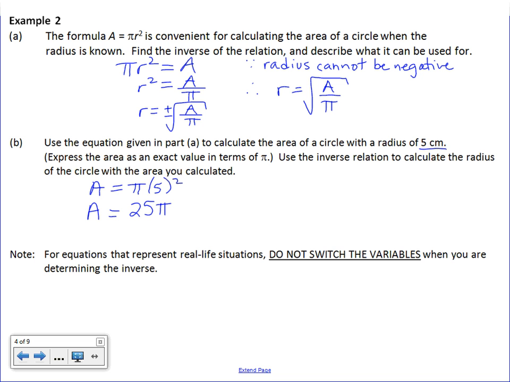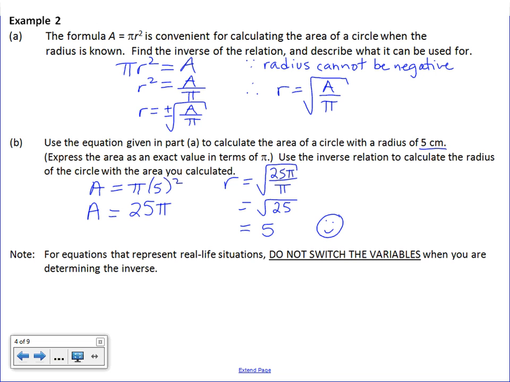And then now I'm going to use r equals the square root of the area I'm putting in, 25 pi over pi. You see how everything's working out beautifully here? First thing you do is you divide the pi's out, and you're left with root 25, which is 5. Happiness.